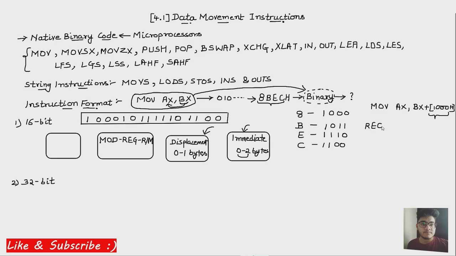REG means register, and R slash M means register slash memory, right? And this section contains 0 to 1 bytes. The last one is the most important one, which is the opcode, and this contains 1 to 2 bytes, right? So in an instruction we have these 4 sections.